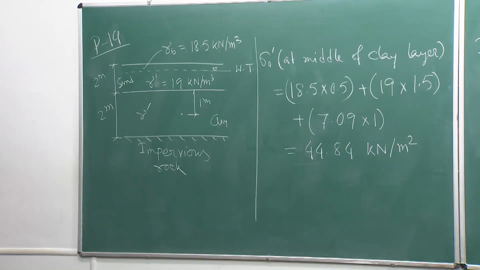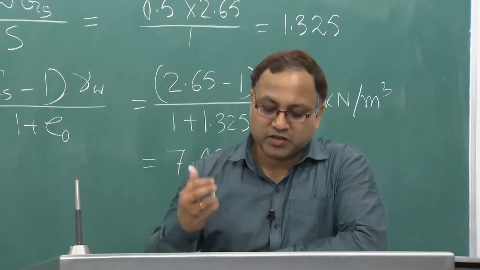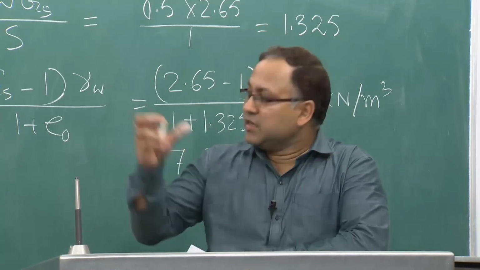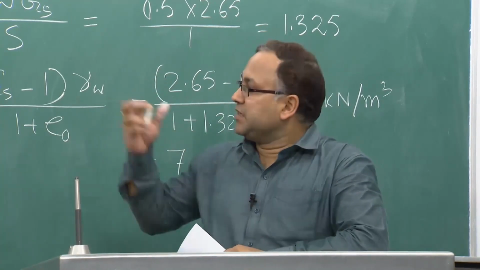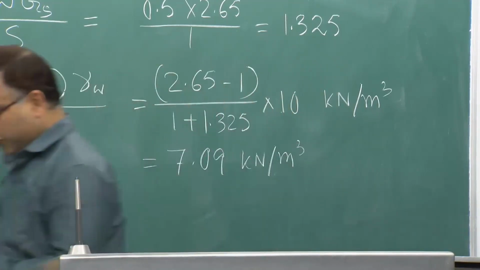Now, you are applying 40 kilonewton per meter square, some additional vertical stress at the middle of the clay layer. That means your delta sigma prime is 40 kilonewton per meter square, and sigma naught prime is 44.84 kilonewton per meter square.